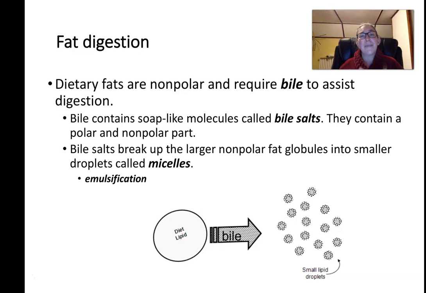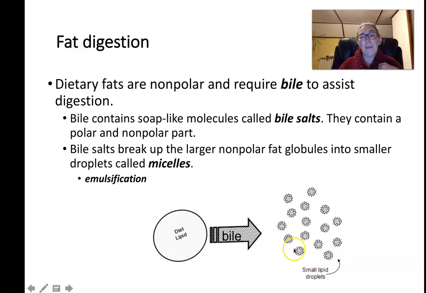So bile is made in the liver, and then it's stored in the gallbladder, and then you squirt it from the gallbladder into the small intestine when you eat something fatty. And it helps take these giant lipid globs in your stomach, in your digestive juices, and break them up into smaller fat globs that are easier to get at with the lipase enzymes, the enzymes that are going to actually break down your lipids.